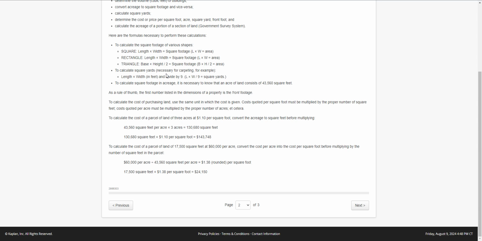And then a triangle equals base times height over 2.